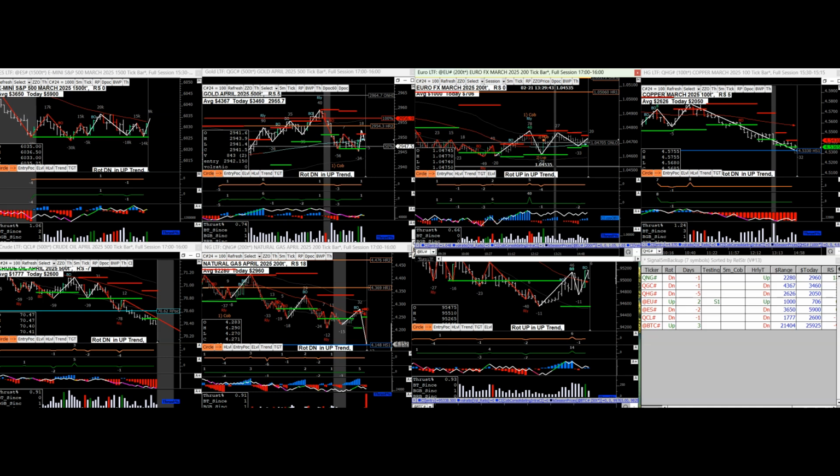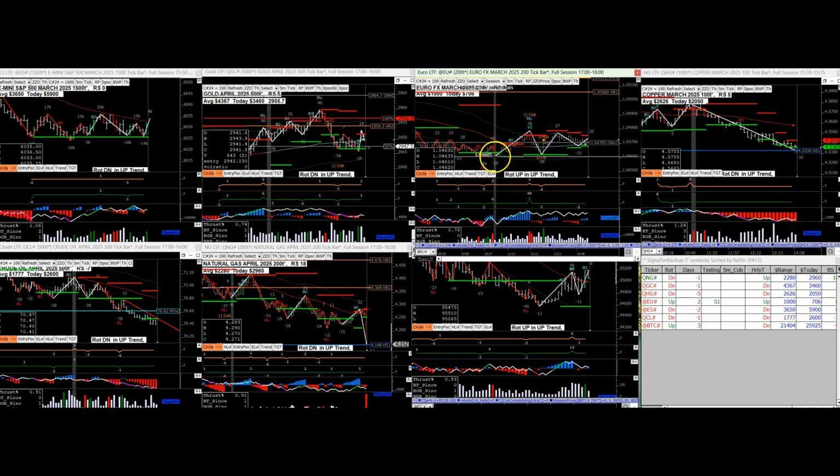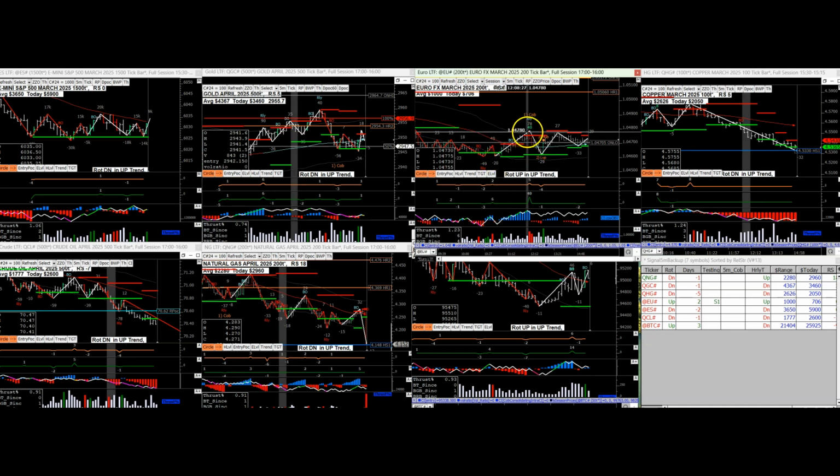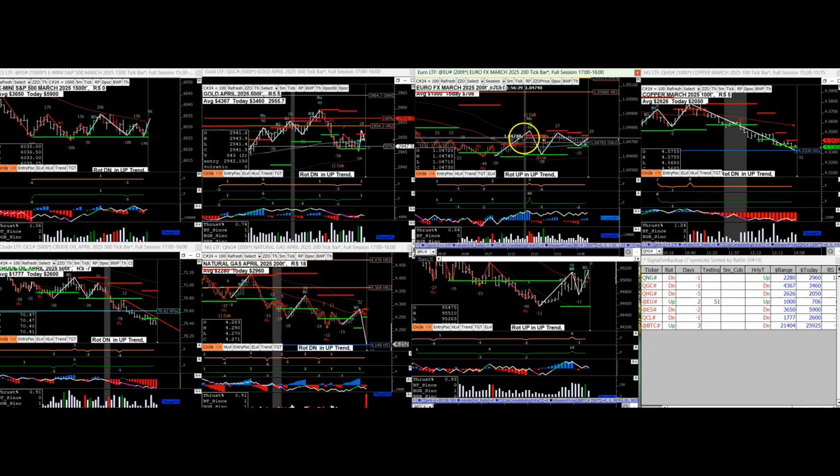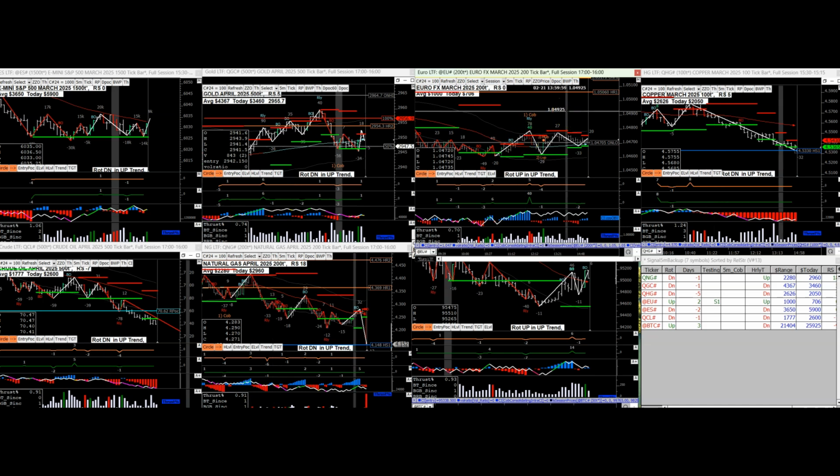The key factor is distance, meaning from this low to that high, the distance from this low to that high is important. Because it's a big distance, it's telling you there is demand coming in.